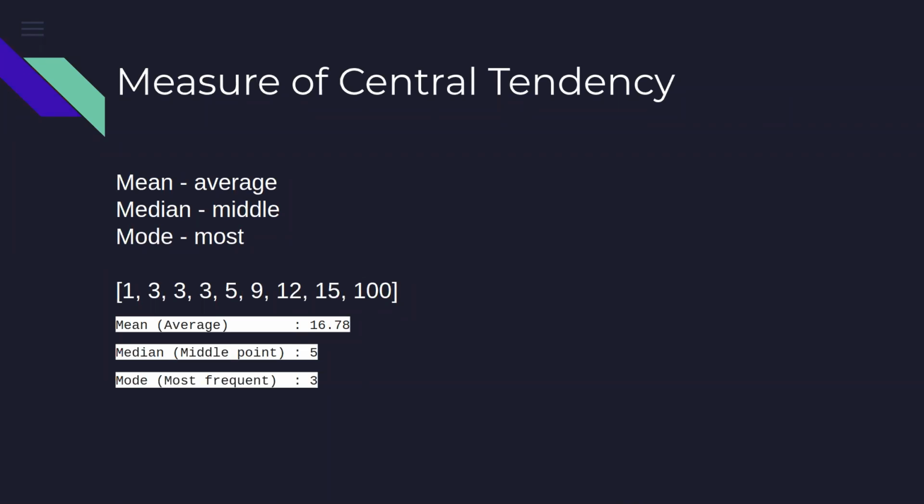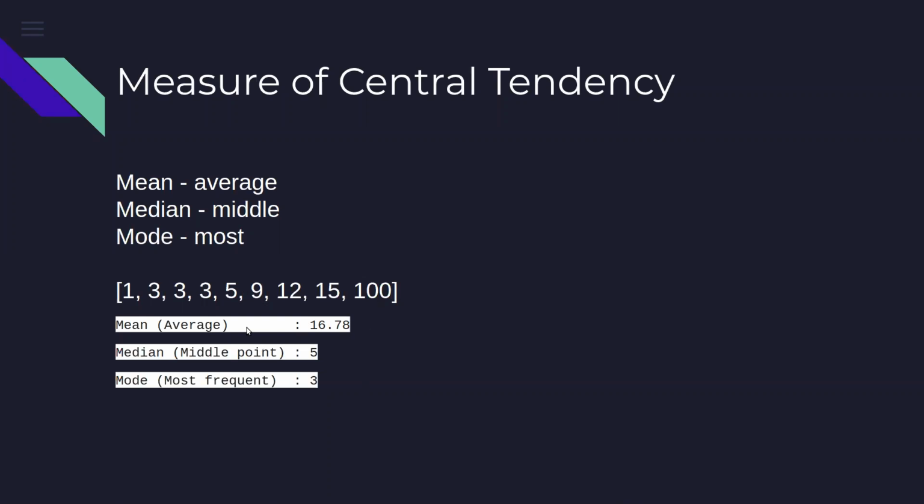So for example, in this data set that you are seeing, everything is between 1 to 15, but there is one number which is 100. Now that one number 100 is actually influencing the mean disproportionately, because otherwise the average should have been somewhere around maybe 5 or 6, but just this one number is taking my average to 16.